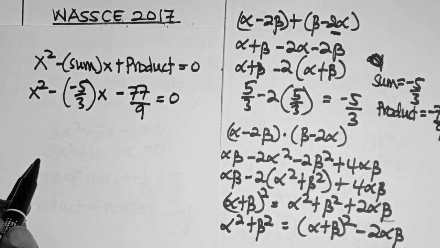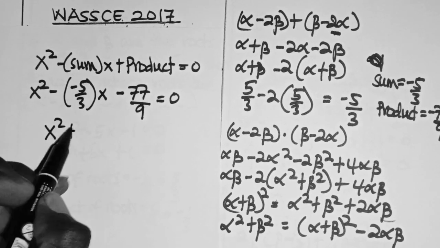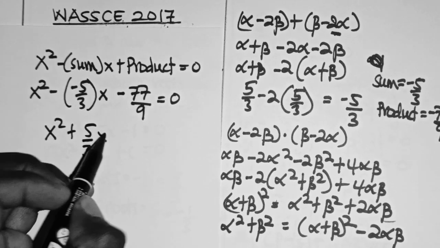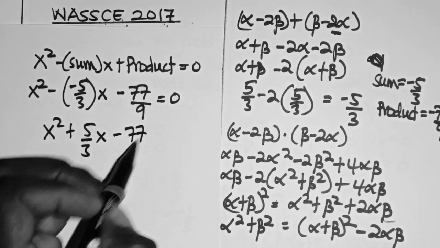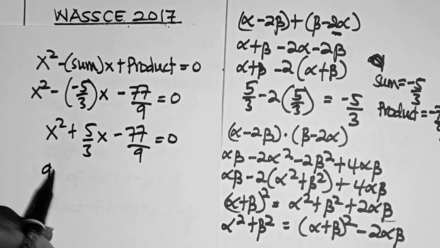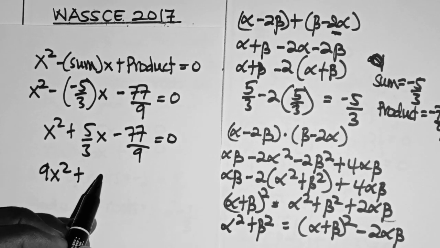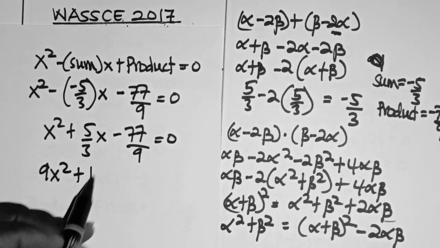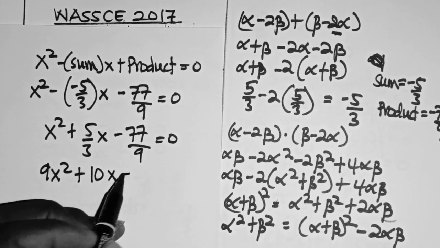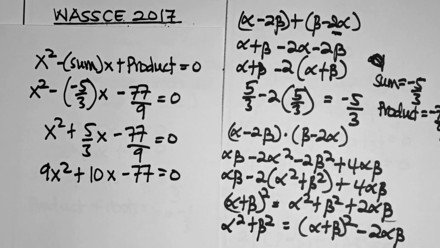So let's multiply through by 9. Here becomes x squared plus 5 over 3 x minus 77 over 9 equals 0. So this becomes 9x squared plus 9 divided by 3 is 2, 2 times 5 is 10, so plus 10x minus 77 is equal to 0.